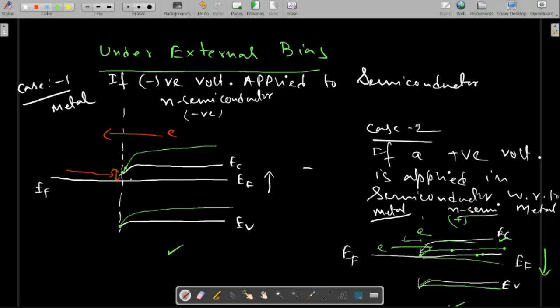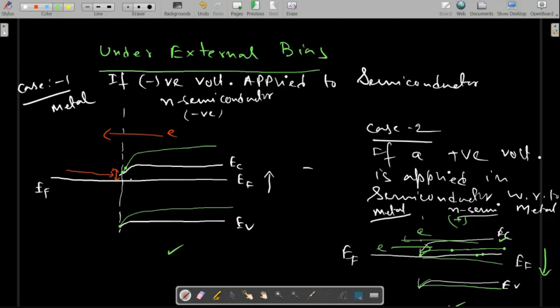So in real cases, only a few metals create a somewhat good, satisfactory non-rectifying contact, but it is very difficult to achieve. Suppose, I think, silver with N-type silicon may create a non-rectifying contact. But in real cases, it's very difficult to achieve.